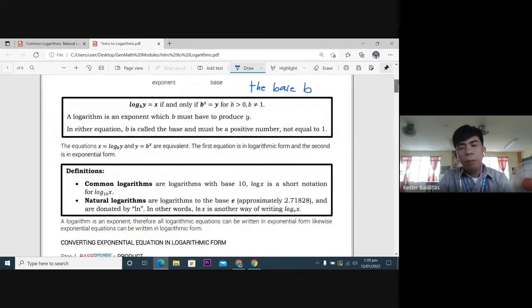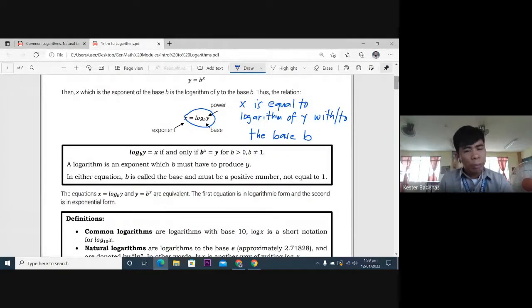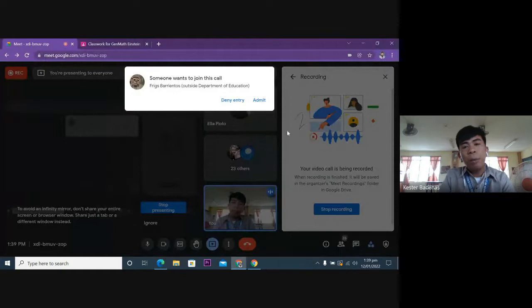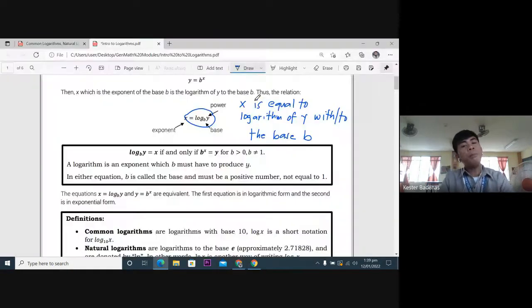So, ayun pala. When we have logarithms, we should mind that our base should not be equal to 0. Ay, sorry, to 1 pala. And our b should be positive. Ulitin ko, kapag meron tayong logarithm, our base should be positive and should not be equal to 1.